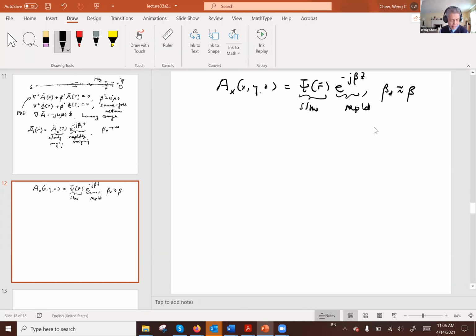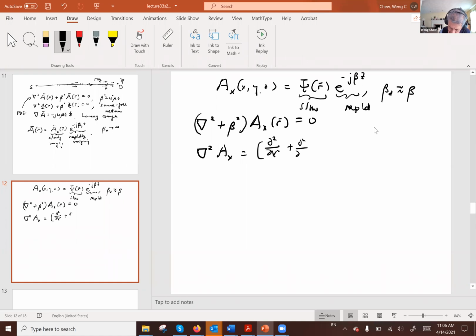Okay, so what happens then if I were to solve the Helmholtz wave equation again? I would have A_x satisfying this equation.